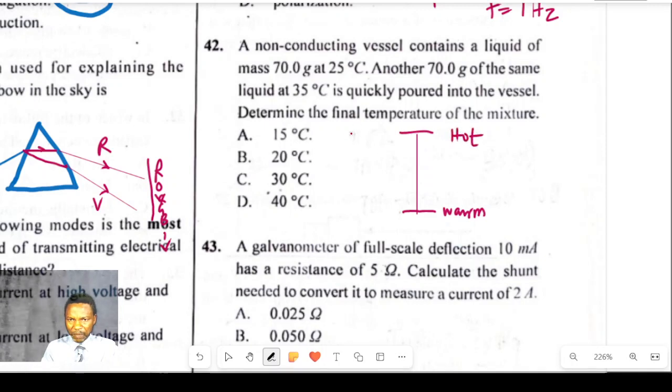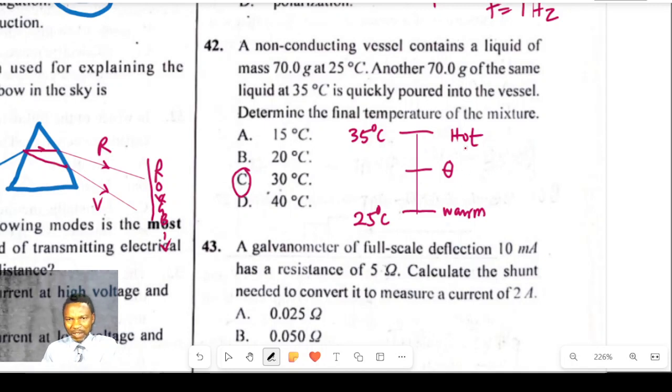The temperature here is 35 degrees Celsius. The temperature here is 25 degrees Celsius. They were mixed together. Find the final temperature of the mixture. You just see which of the temperatures lies between 25 and 35. So the answer is 30 without calculation. So pick it and run to the next question, especially for your JAMB.